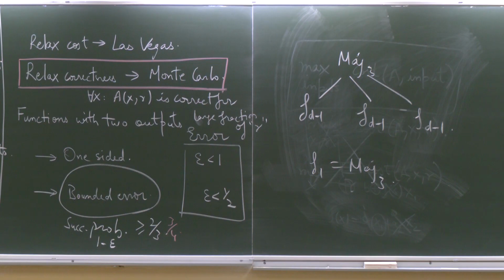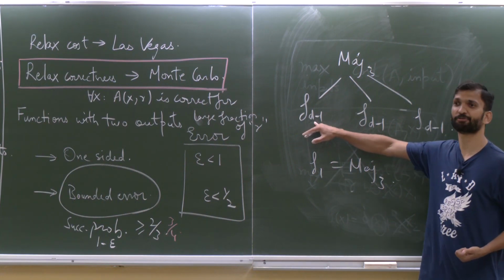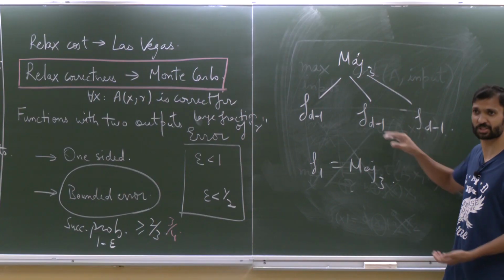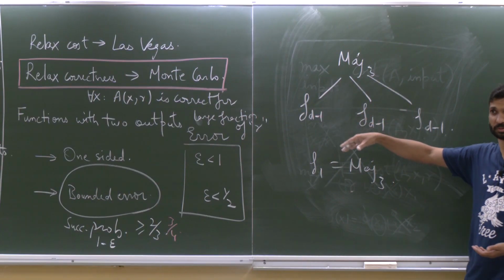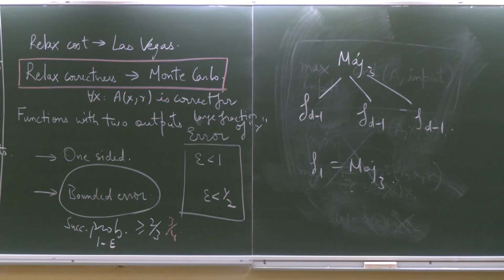I will divide them into 3, 3, 3, and apply F1, F1, F1, which is majority. For F3, I will have 27 inputs, correct? Take the first 9, apply F2 on that. Take the next 9, apply F2 on that. Take the next 9, apply F2 on that. I get 3 bits, apply majority on that.